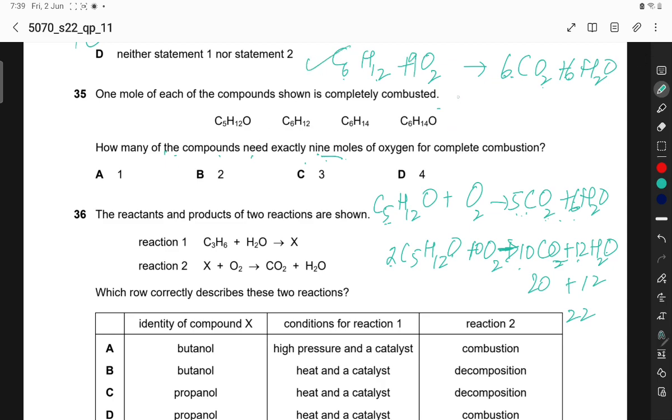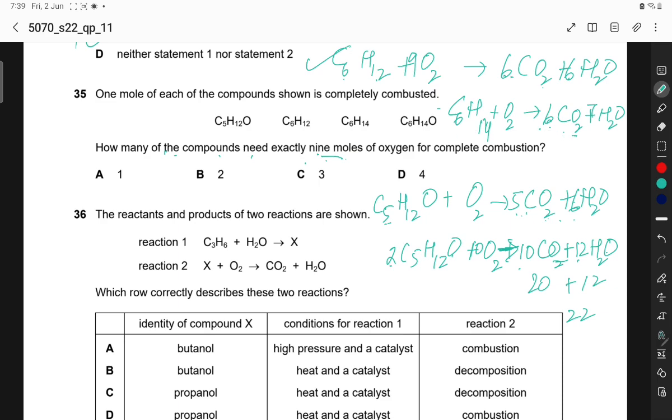This is correct. Now C6H14 plus oxygen gives CO2 plus water. 7 and 6, 12 and 7 is 19. So this is incorrect.